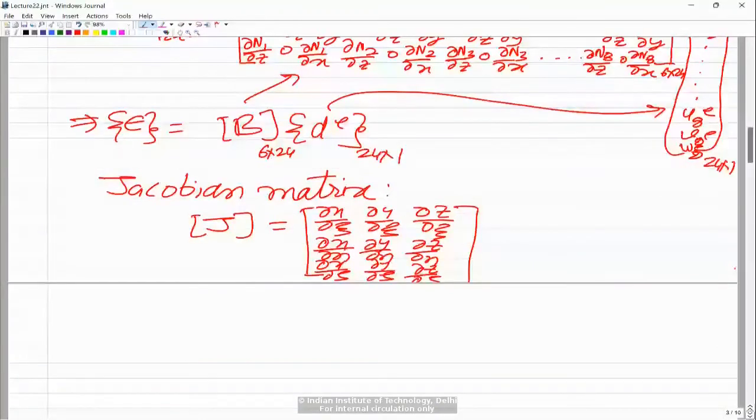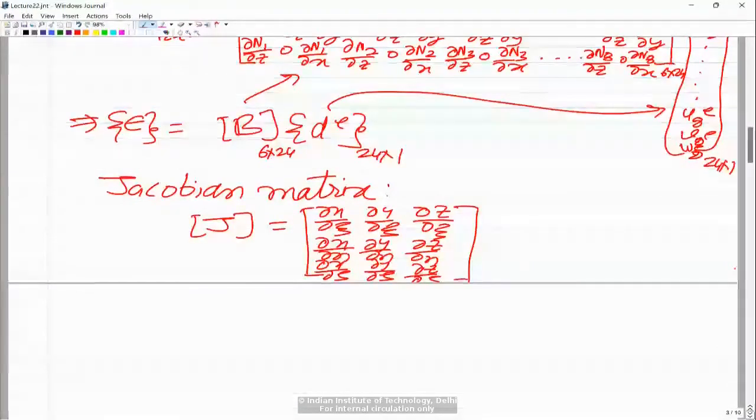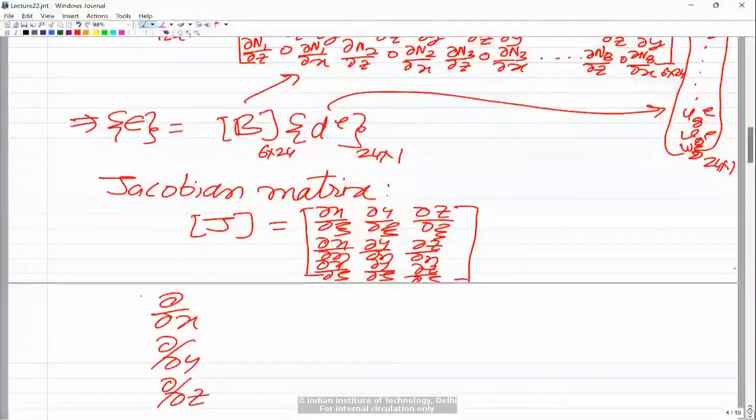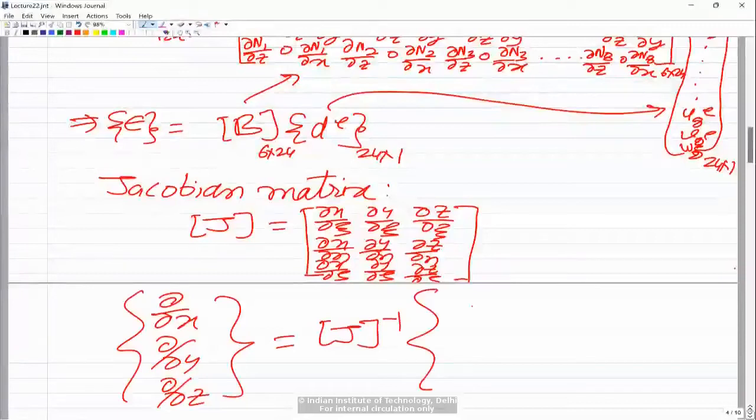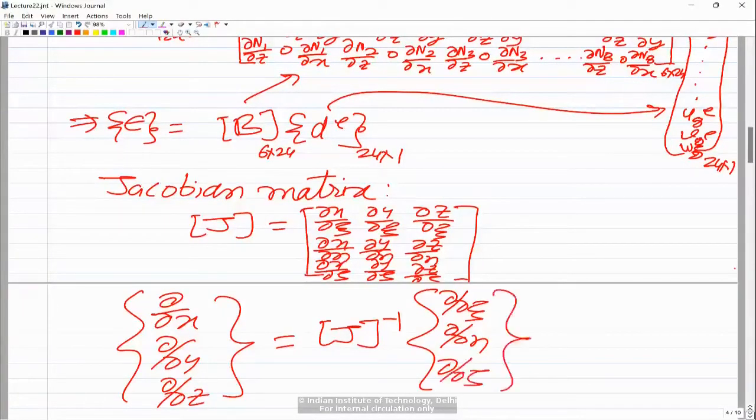Now, when you want to write the derivatives with respect to x, y, z in terms of derivatives with respect to xi, eta, and zeta, you write this operator relationship: del by del x, del by del y, and del by del z equals J inverse times the derivative operators with respect to xi, eta, and zeta. The shape functions are already expressed in terms of xi, eta, and zeta.